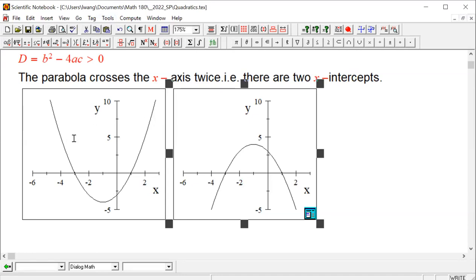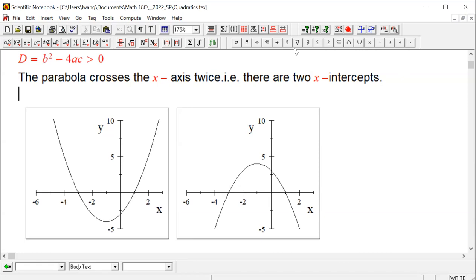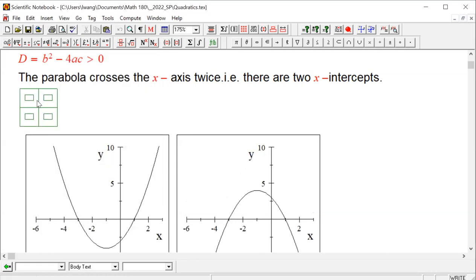One case, A is positive. I'm going to make a little table here just to demonstrate that. Two cases, so two columns. One is A larger than 0, so the parabola opens up.